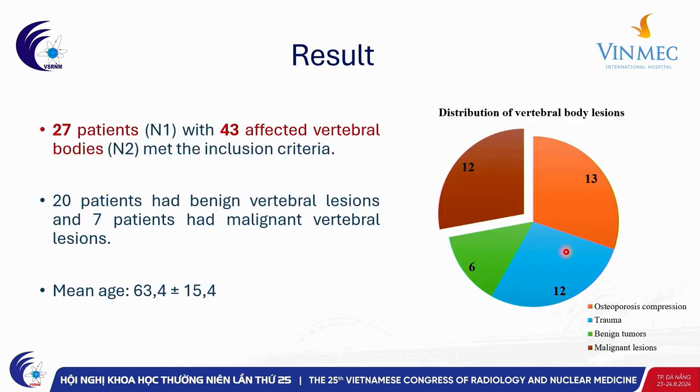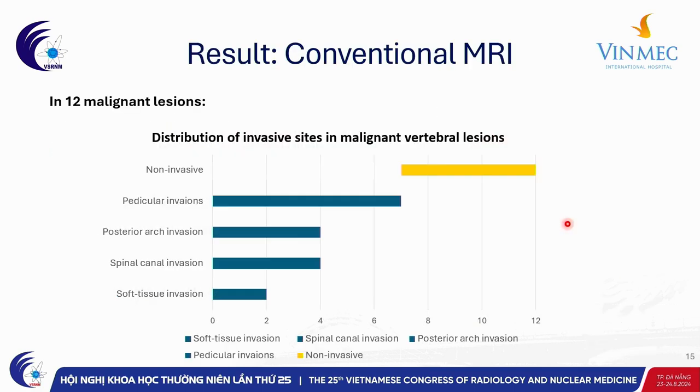So the results we have here: in our study, 27 patients with 43 affected vertebral bodies met the inclusion criteria, and of the 43 lesions, 12 were malignant and 31 were benign. First, we evaluate the value of conventional MRI.